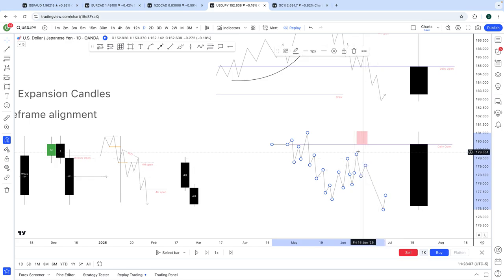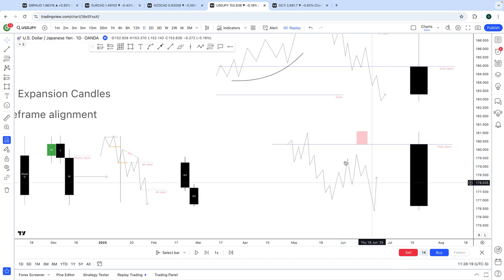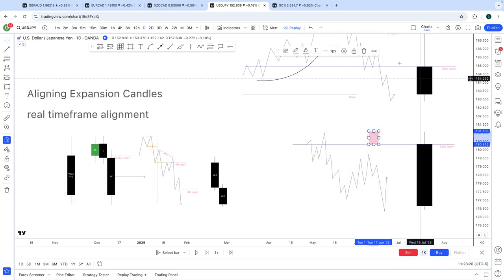It's probably just going to redistribute and then fill out the candle. It's going to close with the body still because of the way this candle is forming, is what I'm trying to say. So if it comes back and we have this expansion candle aligned, this is good. This is more high probability now because of the way the expansion candle is forming.